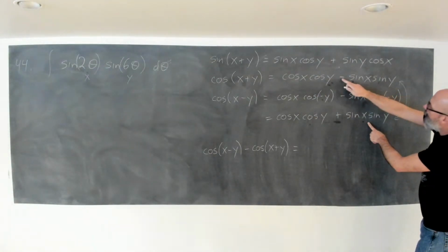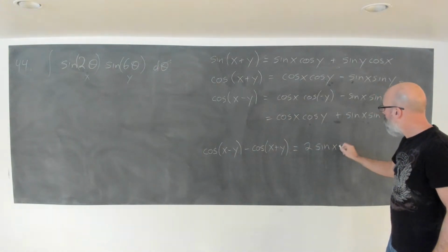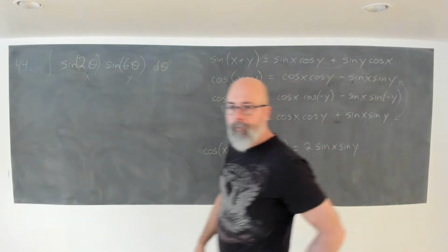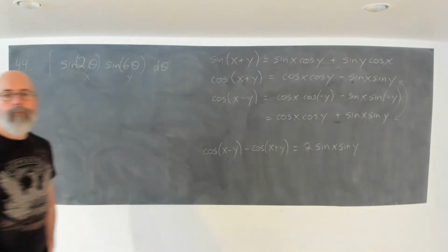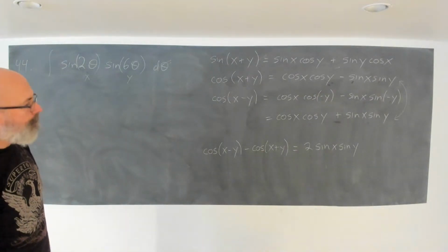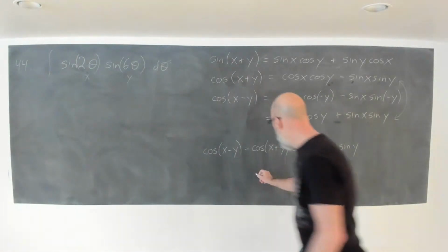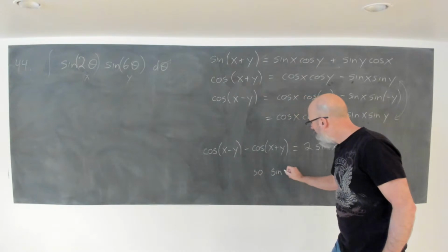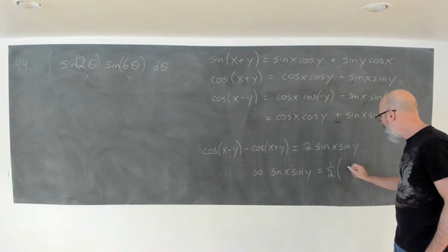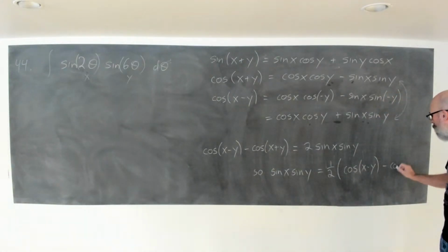This minus that, minus minus, gives you 2. Does everybody see that? So sine of x, sine of y is 1/2 times cos of x minus y minus cos of x plus y.